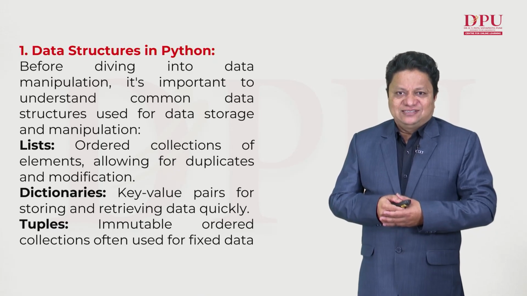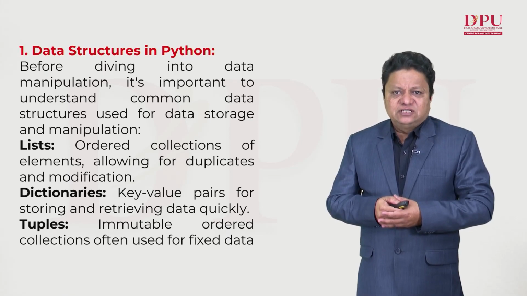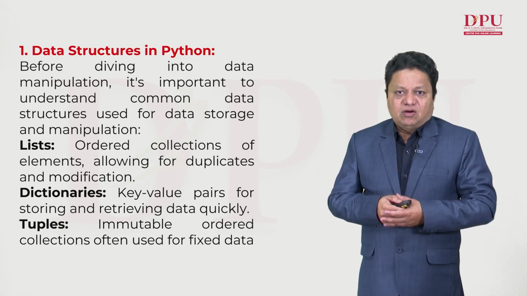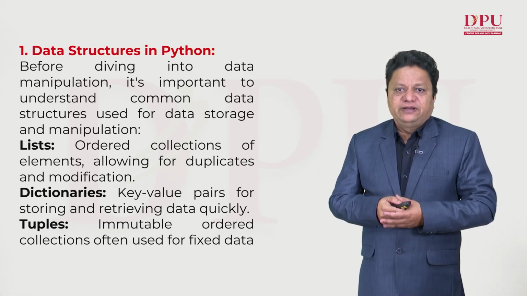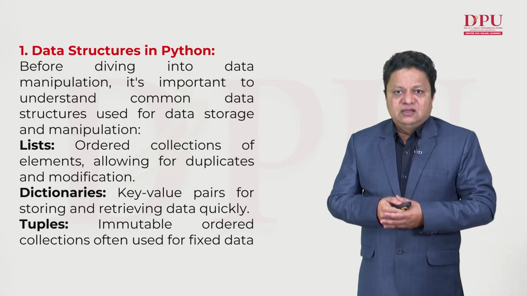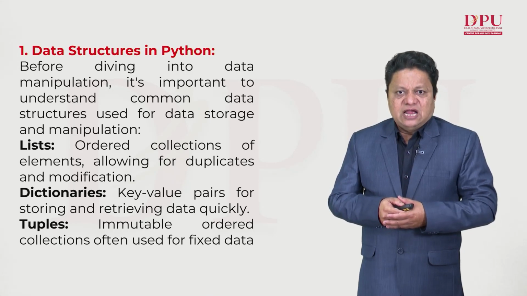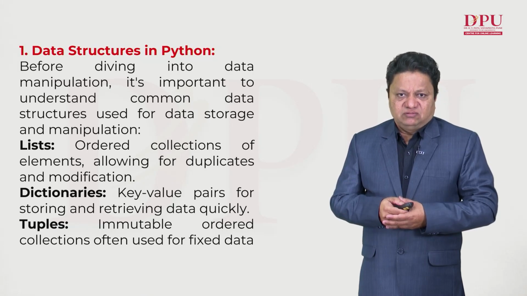Once you create a list, you can modify it later on, or you can even have duplicate items in a list. List is an ordered collection of data items. List is a mutable data structure. Mutable means I can change, I can modify the items later on.